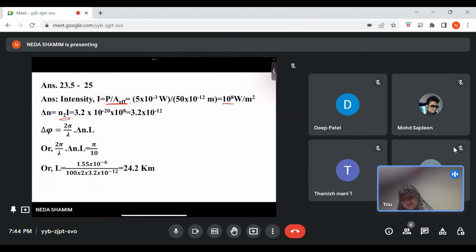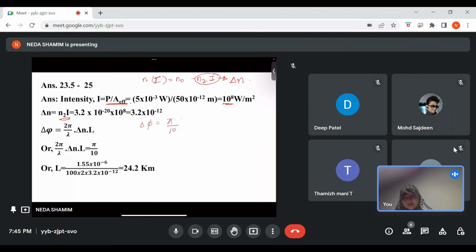Why is this delta N? Because my refractive index, which is a function of intensity, is N0 plus N2 times I. So this is your delta n. Now delta phi would be 2 pi by lambda times delta n times L. I know my delta phi; it has been given as pi by 10.